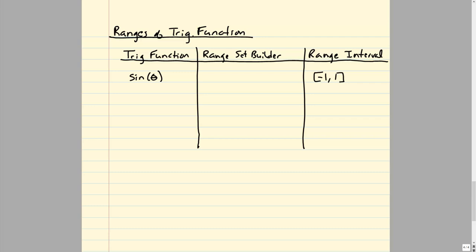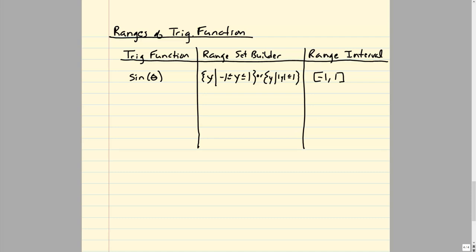Now for set builder notation, this looks like all values of y, this vertical bar, it's a tall vertical bar, means such that, and basically y is between -1 and 1, and it can be equal to -1 and 1. Now another way to write that, should have left more room here, all values of y such that the absolute value of y is going to be less than or equal to 1. So these are two different ways to write that set builder notation.